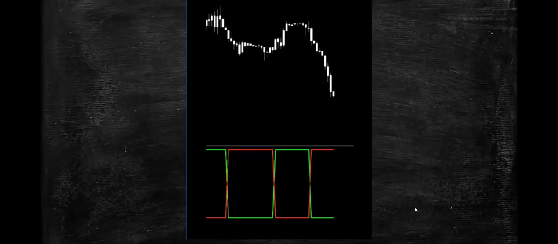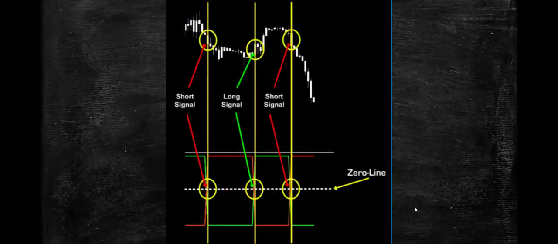So let's take a look at this next picture. This tells you exactly what to do. Now, the crazy part about this to me is not only is it a color change indicator, not only is it a two lines cross indicator, it's also a zero line indicator. It's all three wrapped up into one. It's bananas.